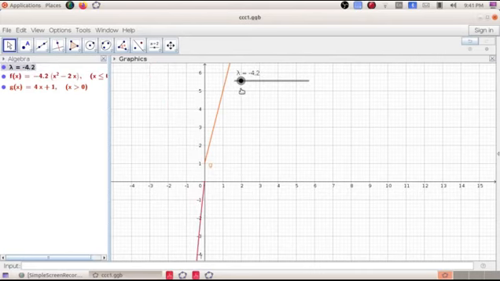For different lambda, this curve is like this. Here lambda is equal to 1, here lambda is equal to 2, 0.3, etc. For different lambda, this graph is like this. Now also for all real numbers greater than 0, the function is 4x plus 1. This is the graph of 4x plus 1.